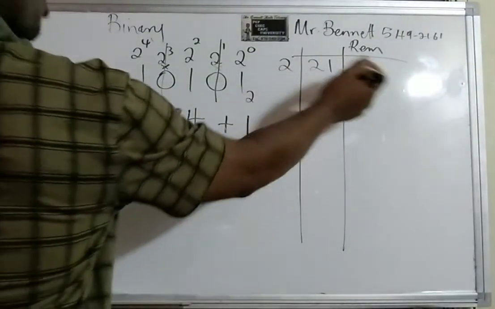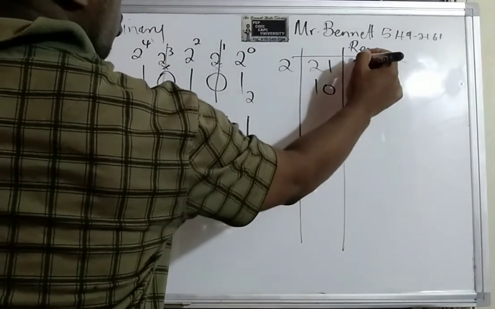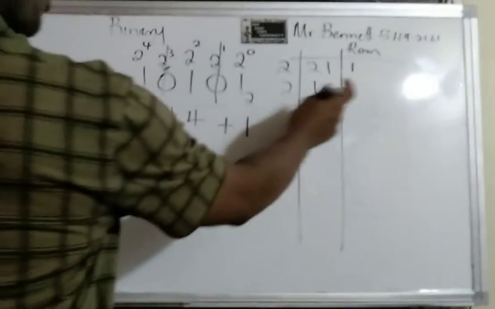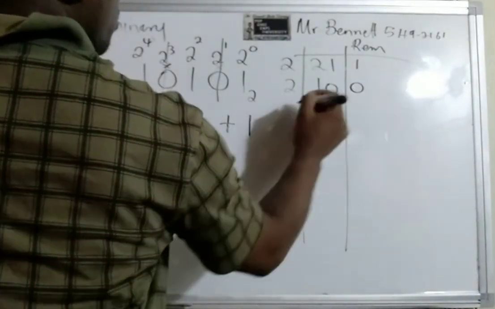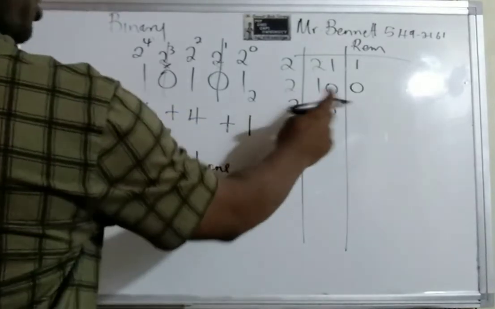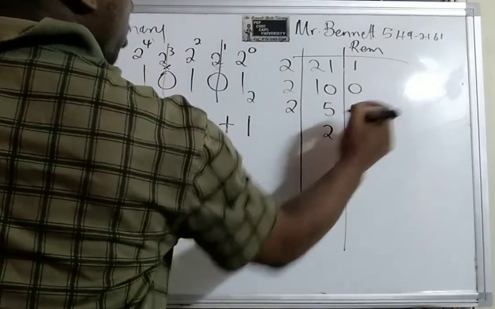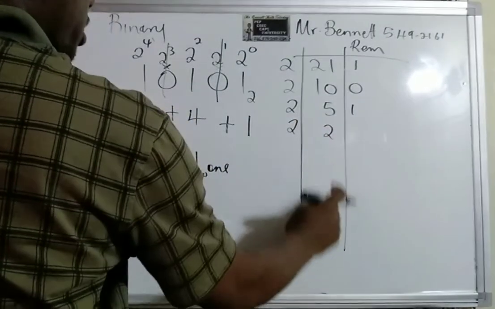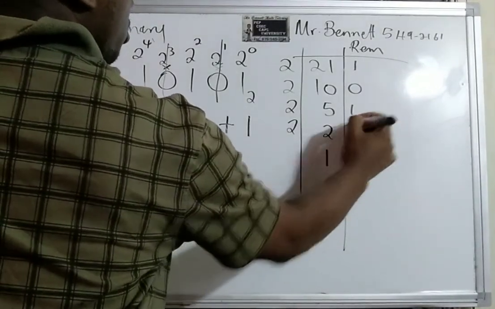So 2 into 21 goes 10 times, remainder 1. Alright, next line. 2 into 10 goes 5 times, remainder 0. 2 into 5 goes 2 times, and remainder 1. We're not finished yet. Remember, when we get 1 in this line, 2 into 2, 1, and remainder 0.